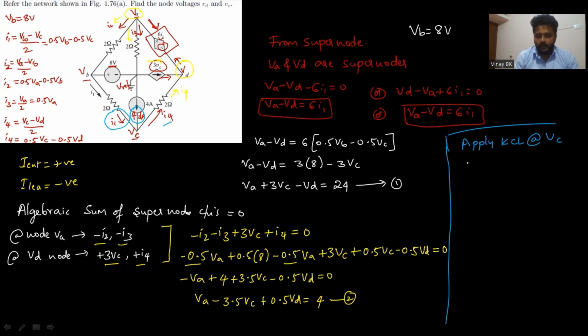Observe at VC now: I1, which is 4 ampere, is entering, and I4 is leaving. So I can write, entering is positive, I1 plus 4 minus I4 equals 0.